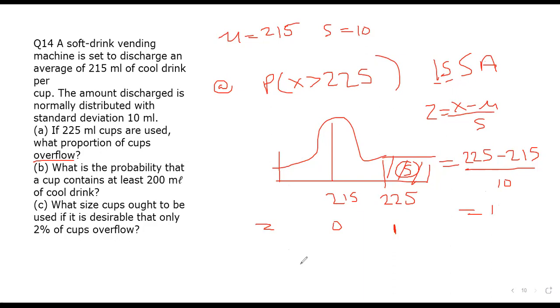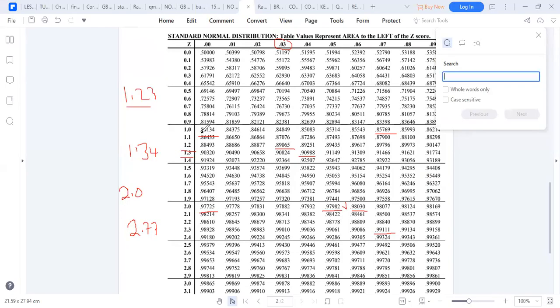So let's find out the reading for 1. What is the reading for 1? Some of these things you can memorize because we've been talking about 1, 2, these are very common numbers. If you're not sure, just go to the table and find out. So 1.0 is 0.84134.